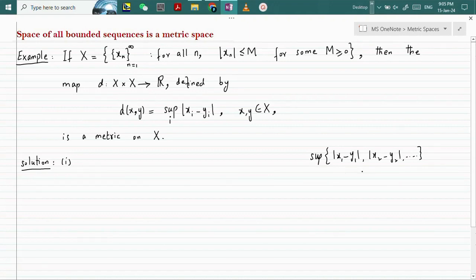Since each modulus is non-negative, their supremum, which is the least upper bound, will also be non-negative. So it is not difficult to verify that the supremum of this set is non-negative. Hence d of (x, y) is non-negative. You must know the definitions of least upper bound and greatest lower bound. All these definitions are very simple.